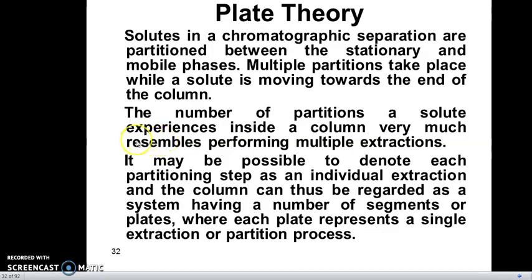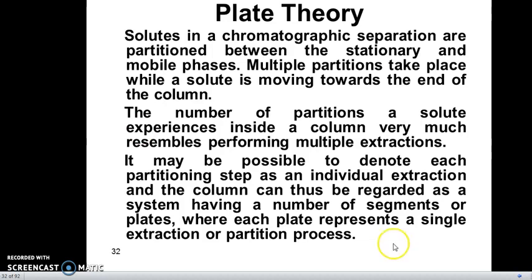So the column is like this, and the solute and the mobile phase move through this column, which already has the stationary phase. So this is the individual extraction stage. Individually, millimeter by millimeter, there are different types of experiences when the solute and mobile phase interact with the stationary phase. There is certain adsorption, there are certain partitions. So this type of phenomenon happens.